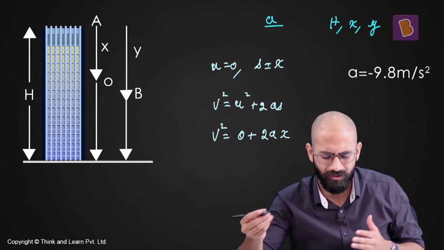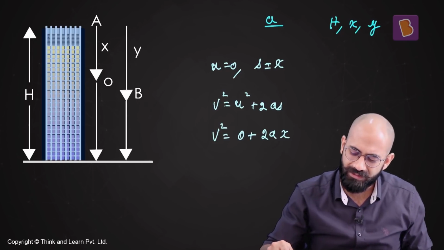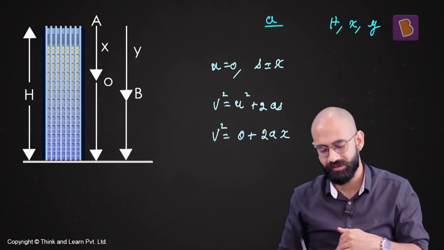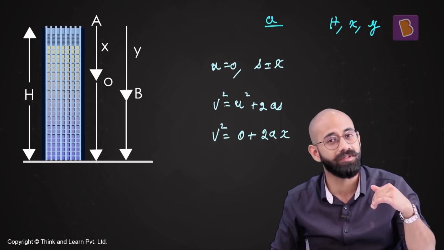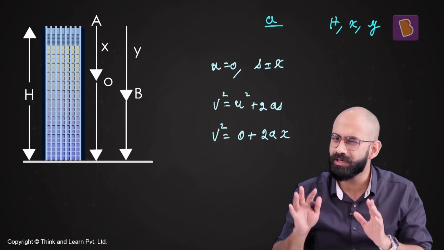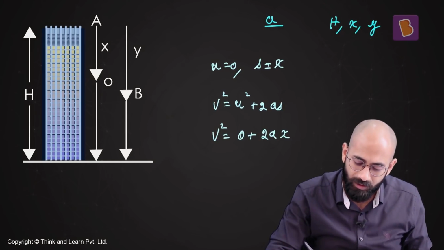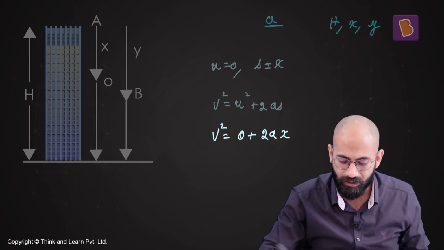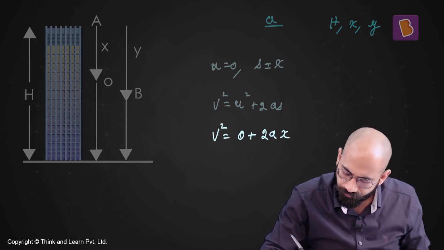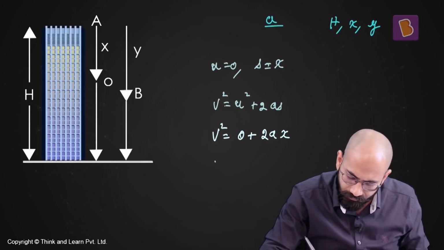But since everything is happening in the same direction, because acceleration is also in the same direction and the displacement is also in the same direction, we don't really have to worry about the signs over here. So therefore v squared equals 0 plus 2ax. Simple.